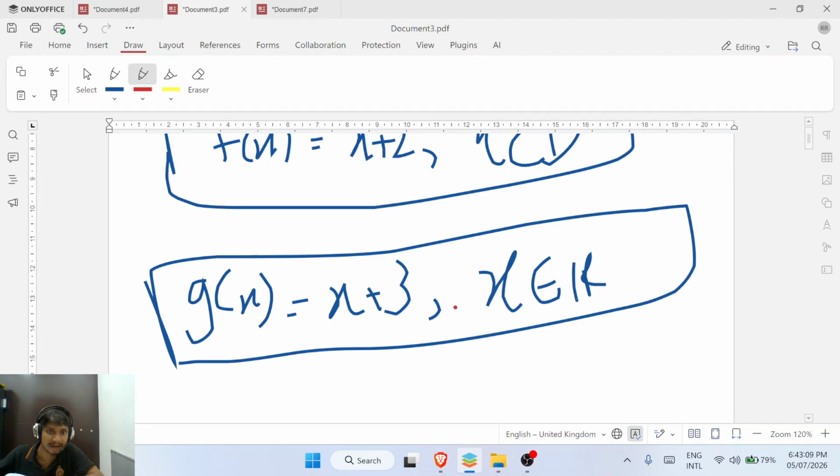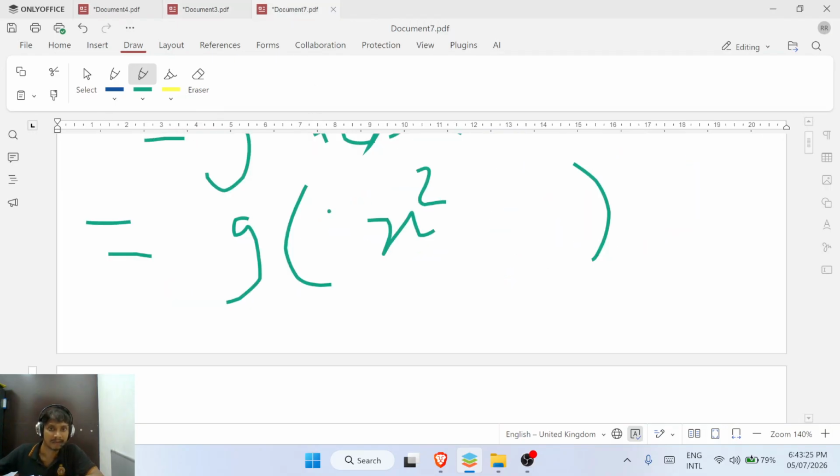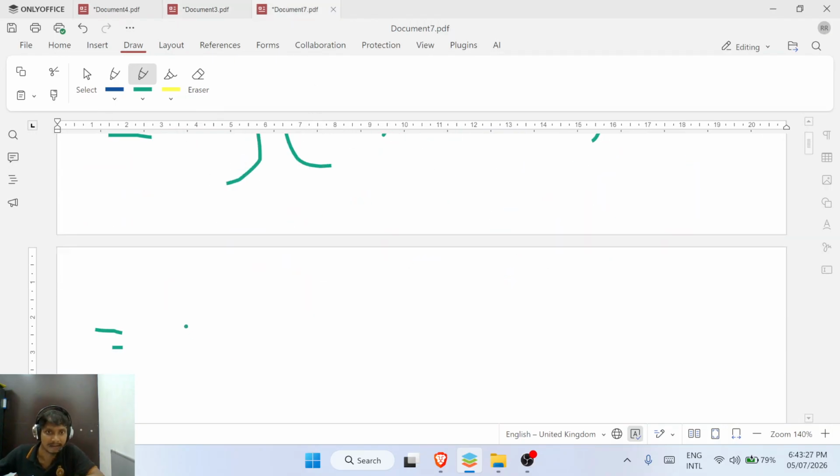Now what is g of x square? We have to substitute x square instead of this x. If we substitute x square here, we get x square plus 3.